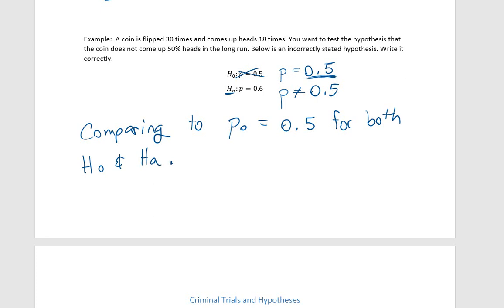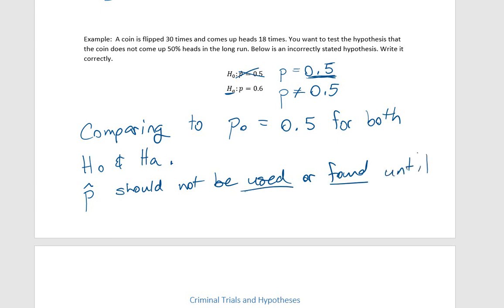The other thing that went wrong is that p-hat should not be used or found until after we state our hypothesis. So, if we flip a coin 30 times and 18 times we get heads, that's 60%, and that should not have shown up in our hypothesis.